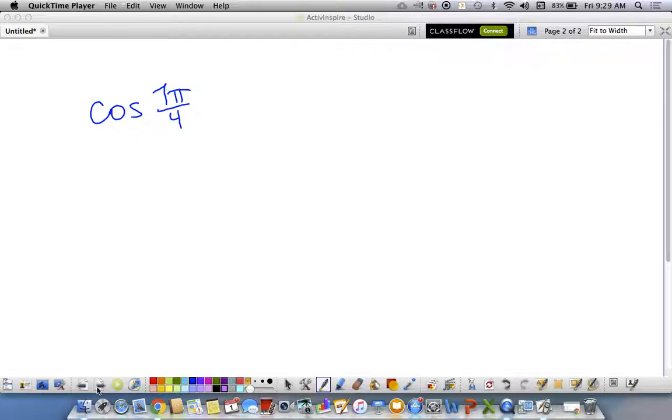Could we use that circle that we just looked at in your book to find where 7 pi over 4 is?